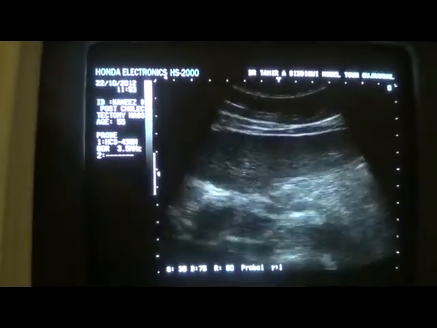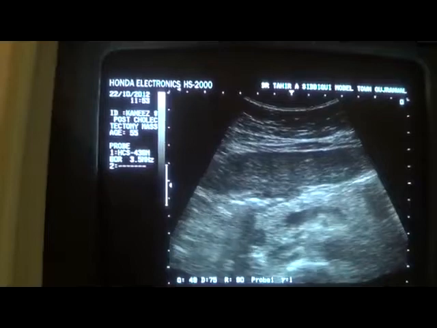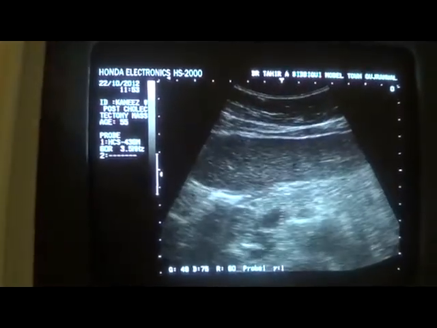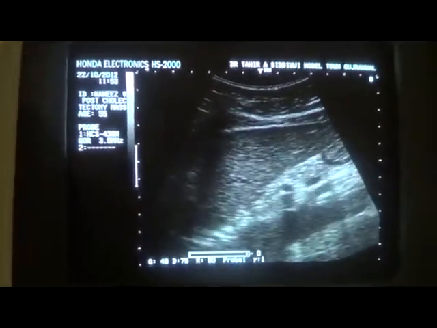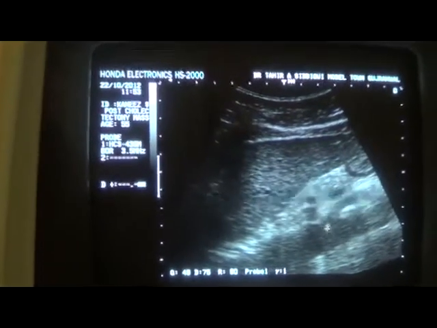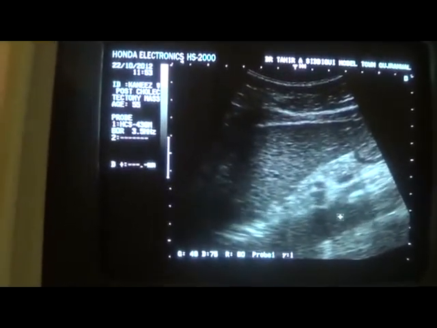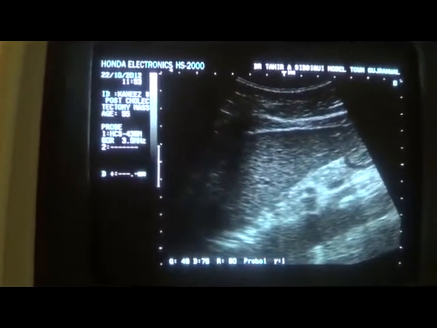Here the liver appears to have irregularity of its wall, and the liver is seen below the costal margin. The liver is enlarged. This is the aorta, the superior mesenteric artery, and the celiac axis. This is the bowel segment, and the left lobe of the liver in longitudinal section.